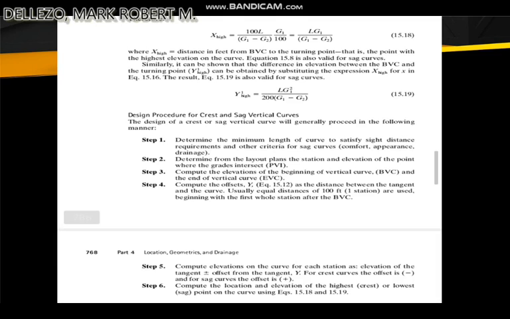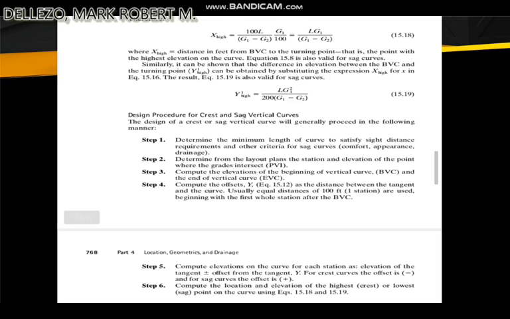Then the next step, step 5, compute elevations of the curve for each station as the elevation of the tangent, positive or negative, offset from the tangent, Y. For a crest curve the offset is negative, and for sag curves the offset is positive. So the next step is step 6.